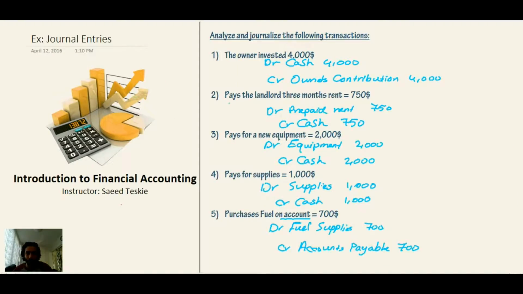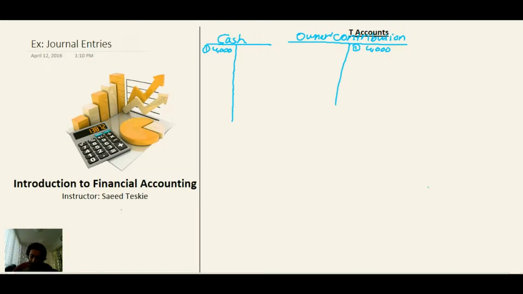In the second transaction we debited prepaid rent 750 and credited cash 750. So we have another account here, prepaid rent.